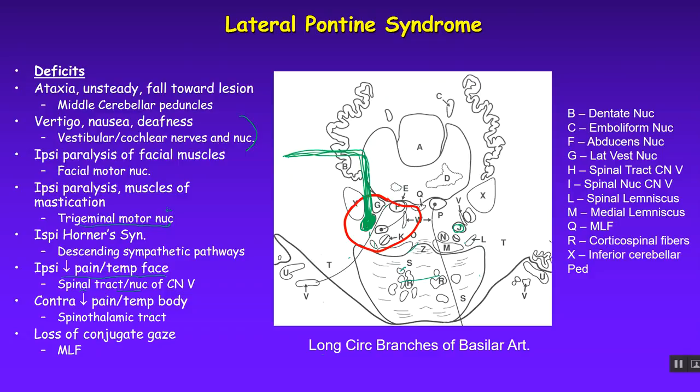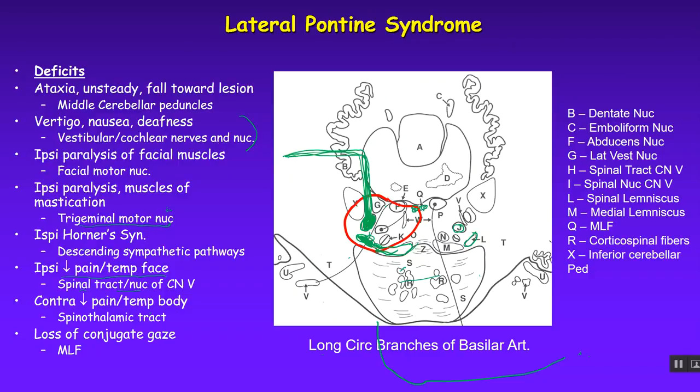Okay, L is spinal lemniscus. Spinal lemniscus is right in here. Spinal lemniscus sitting here. Here's medial lemniscus. Remember, they're going to get really close to each other and kind of join up as you get to this region. So spinal lemniscus involved. That information's already crossed over from the other side of the body and coming up. So with a lesion on the right, loss of pain and temperature for the body is going to be on the left. Here's our MLF.